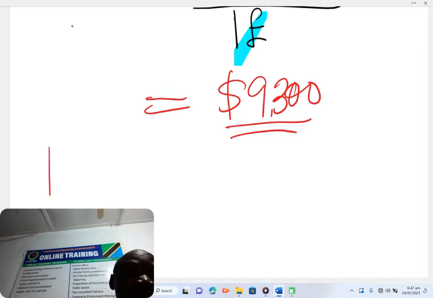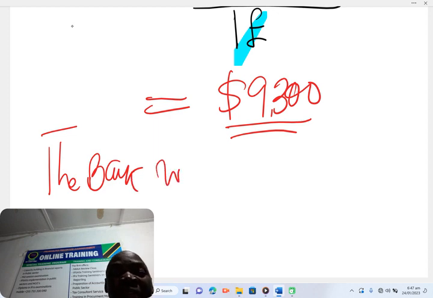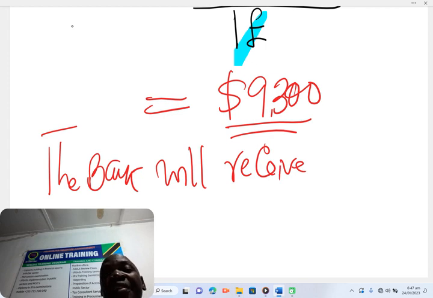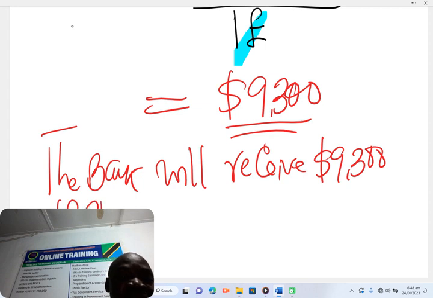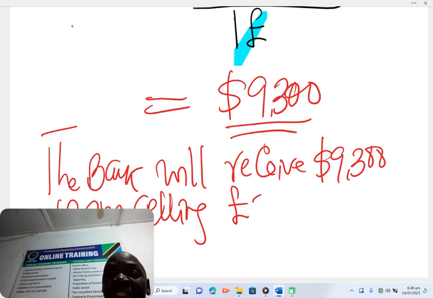So we are saying the bank will receive how many? $9,300 upon selling £5,000 to who?